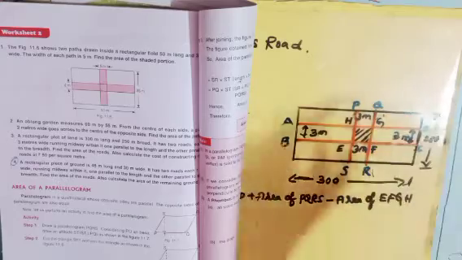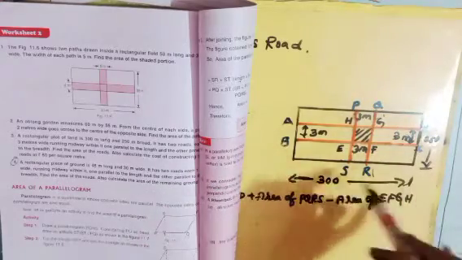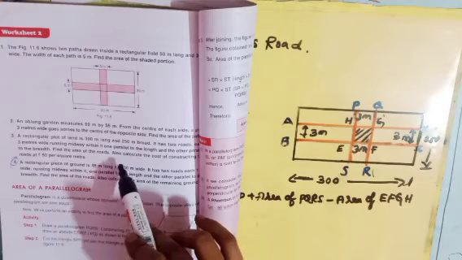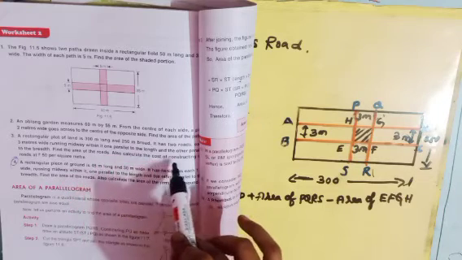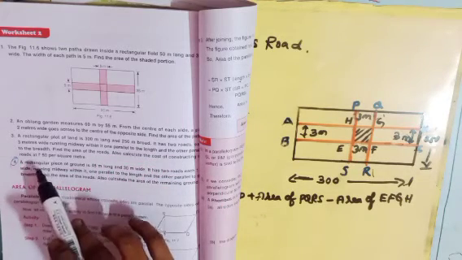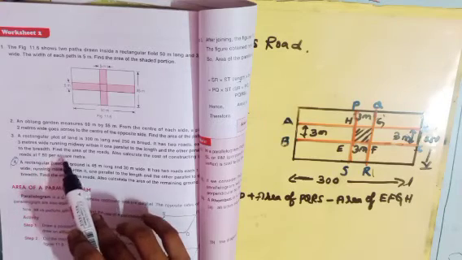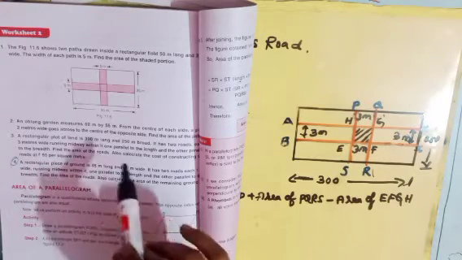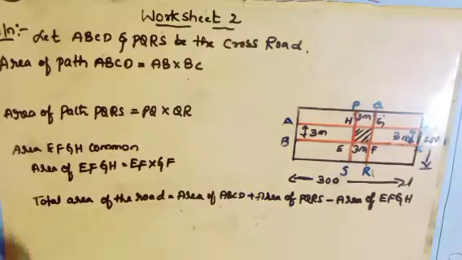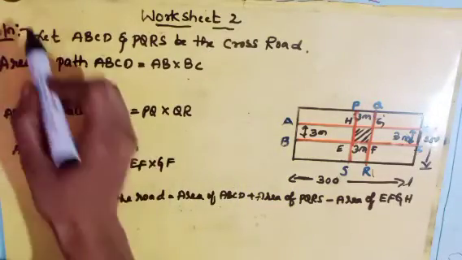And the question they asked is to find the area of the road, and also to calculate the cost of constructing the roads at rupees 50 per square meter. So first let us find the solution.